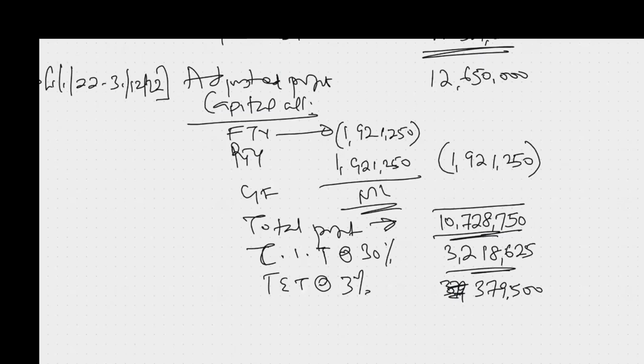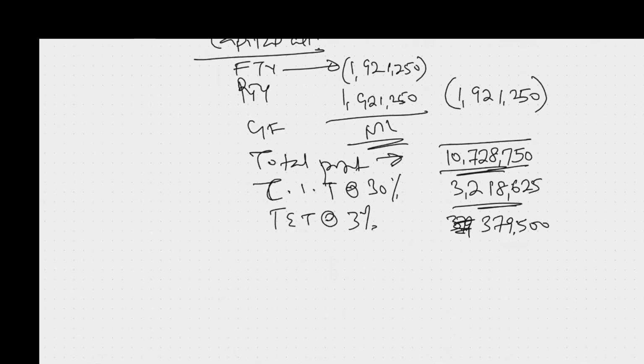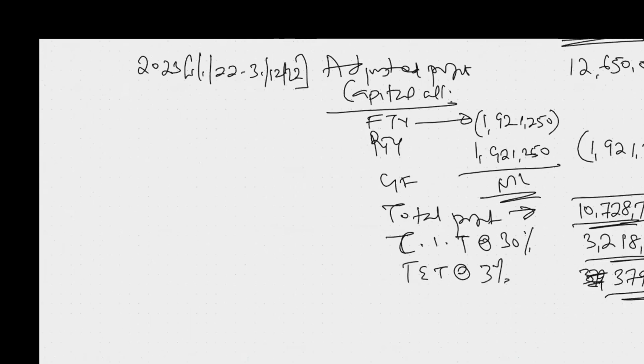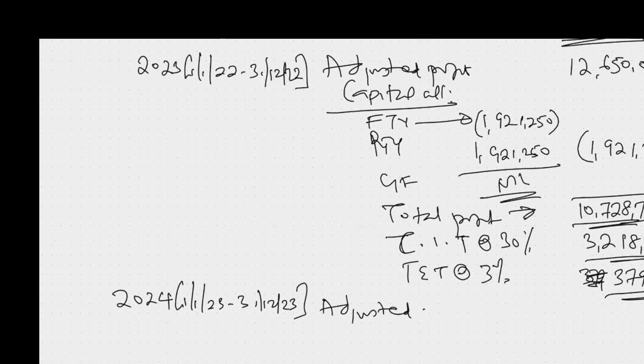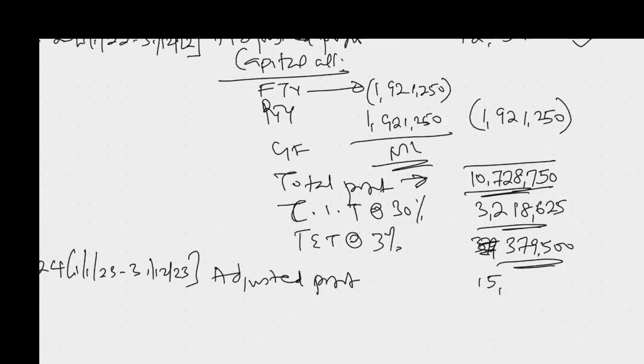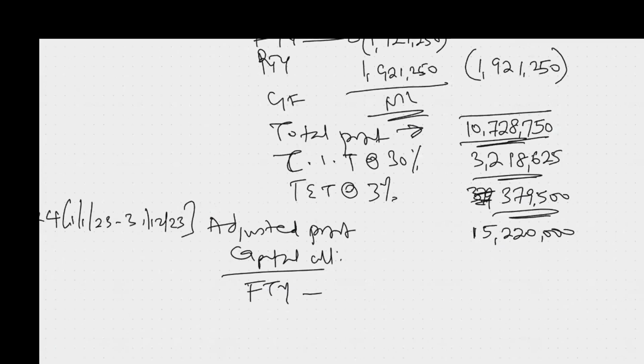2024. We have 15 million, 220,000. Capital allowance for that year, how much? 5,924,590?